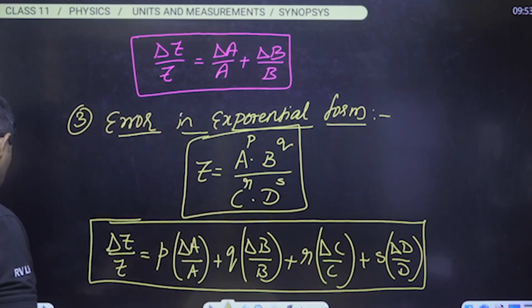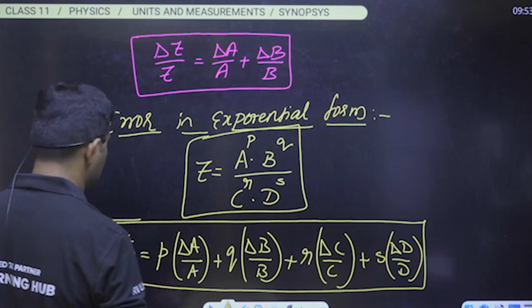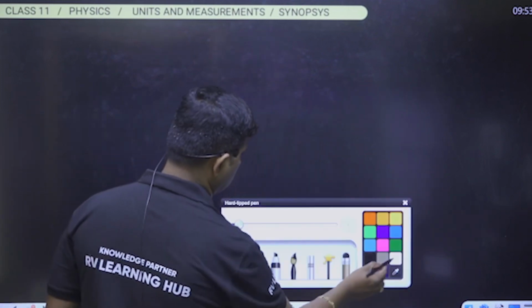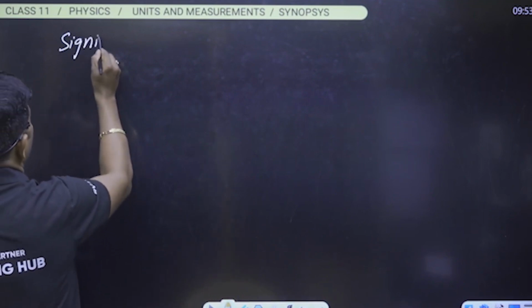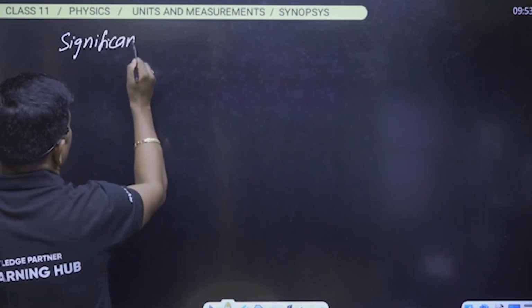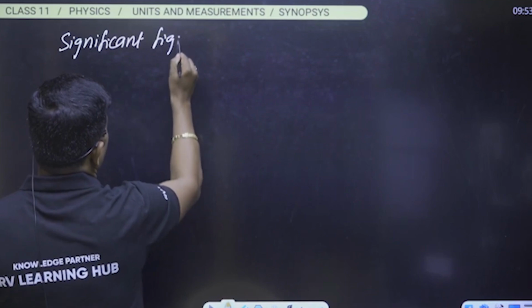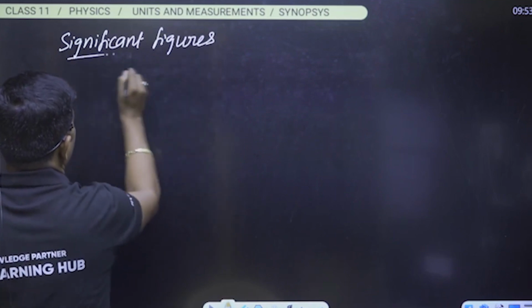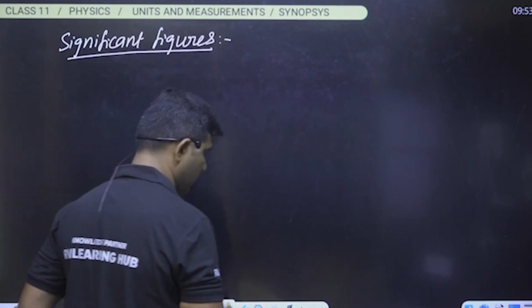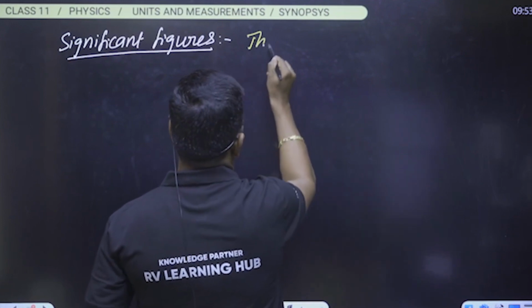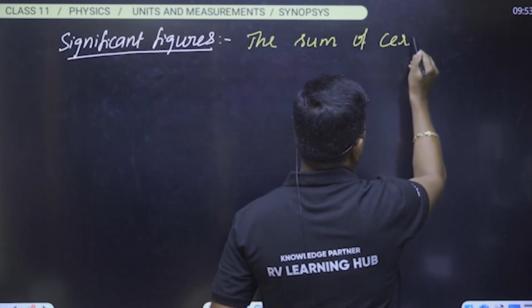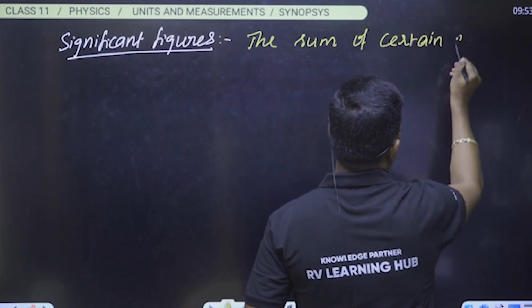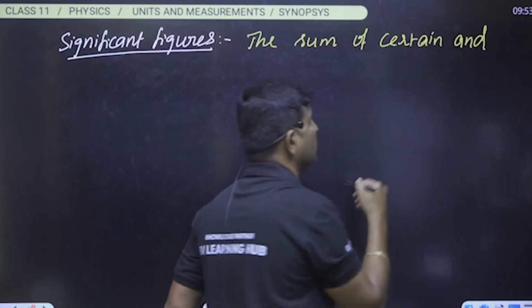Now let us go with the next concept, that is nothing but significant figures. What is significant figures? How can we define the significant figures? It is nothing but the sum of certain and uncertain digits.